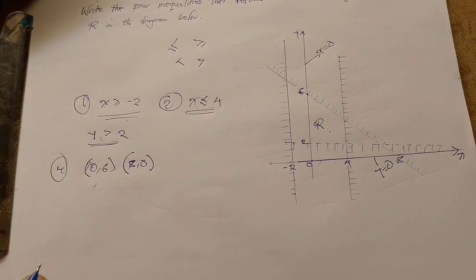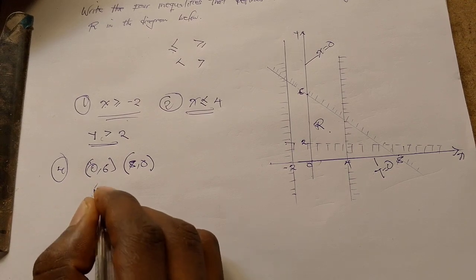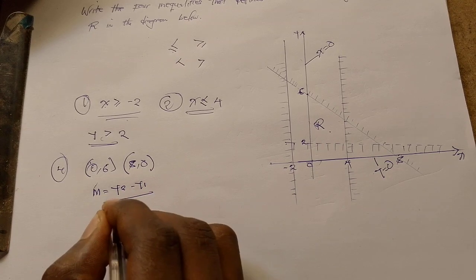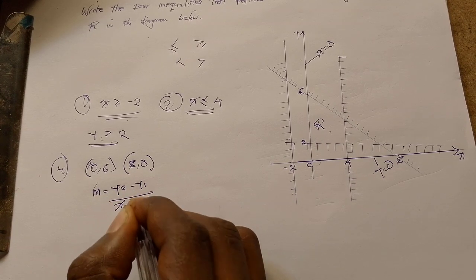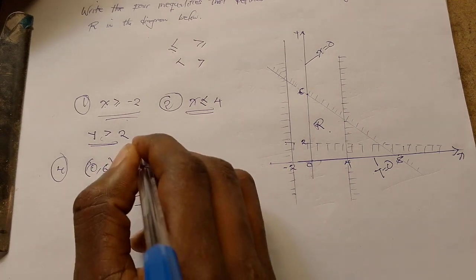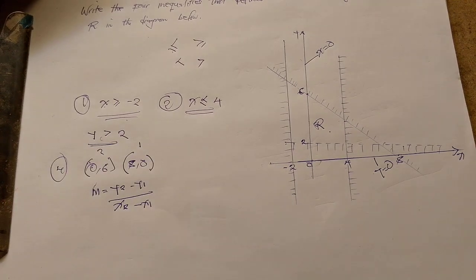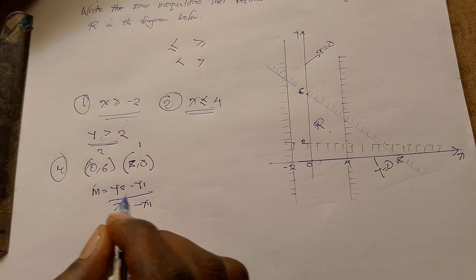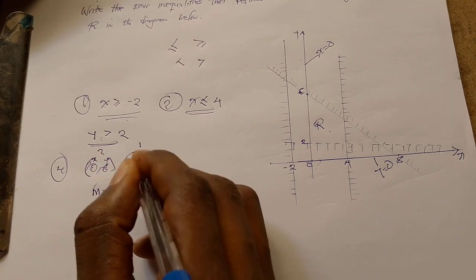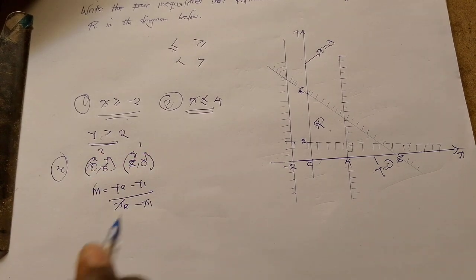Then from here we find the gradient. We know that gradient is equal to y2 minus y1 over x2 minus x1. Let's assume this is 1, this is 2, or vice versa, there's no problem. So we have x, then y.